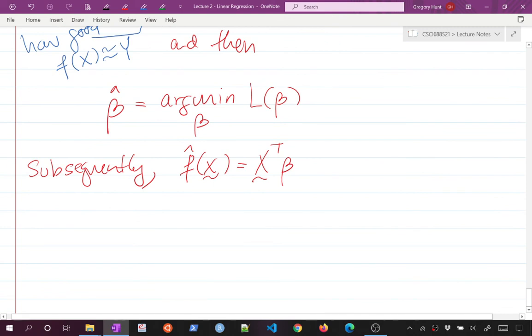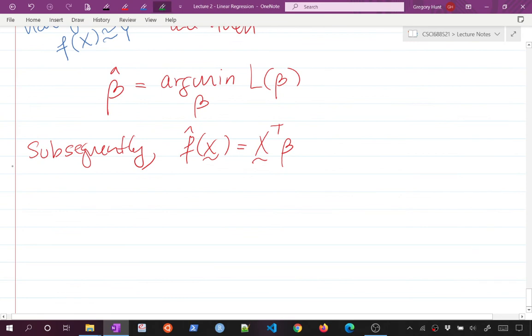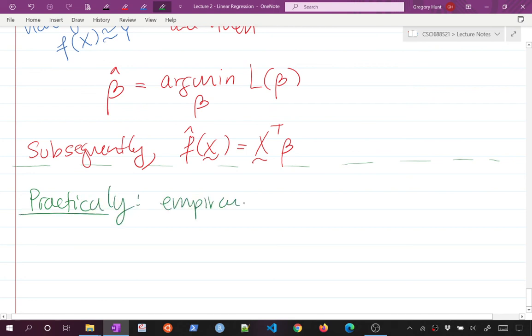So practically, to do this, our empirical loss, our empirical function to minimize. Maybe I should call it our empirical risk.